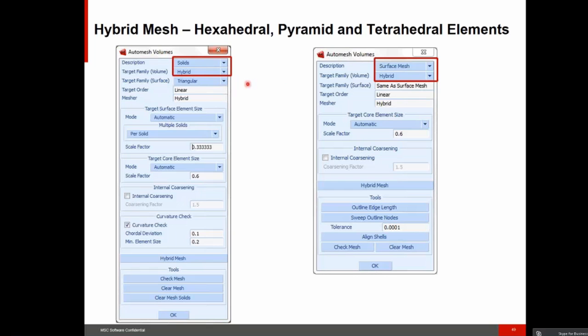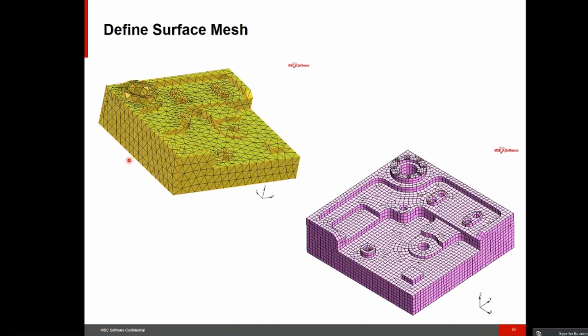So when we generate a solid model, what's first going to happen if we do this from a solid model, it's first going to generate triangular elements on the exterior surface. So we're going to get initially tetrahedral elements, then we're going to get prism elements, and then we're going to get hexahedral elements.